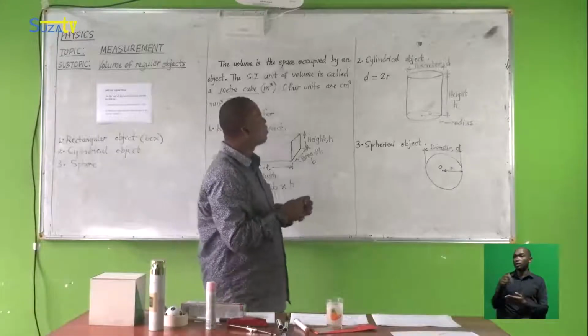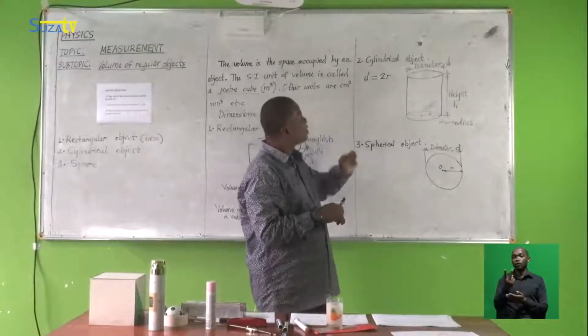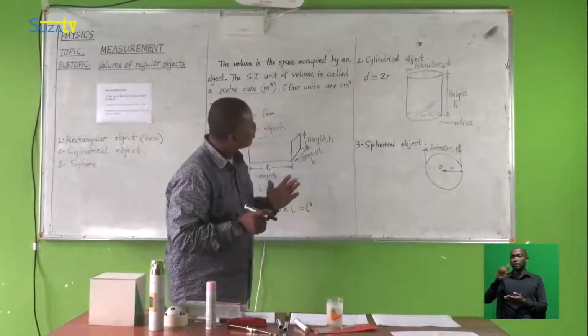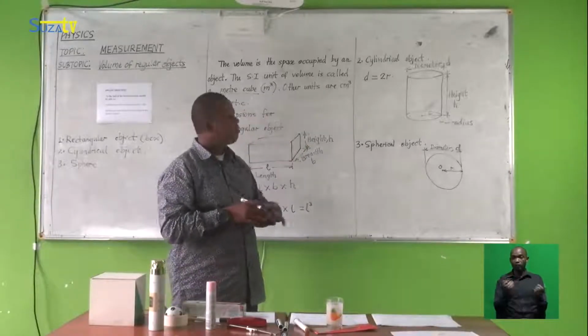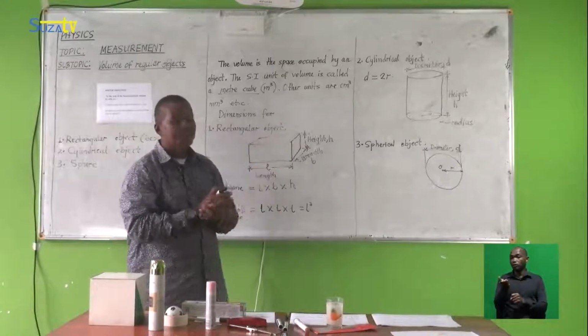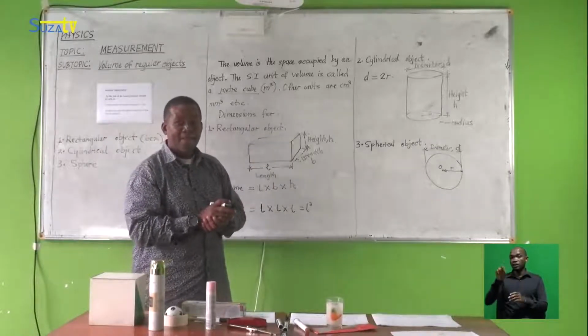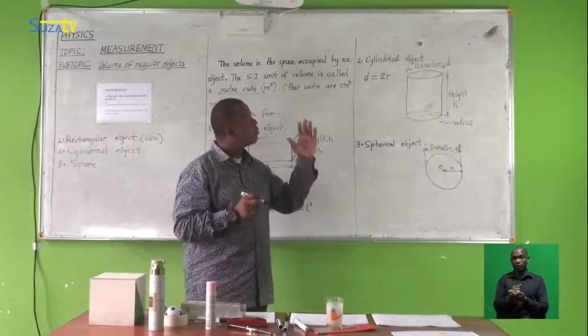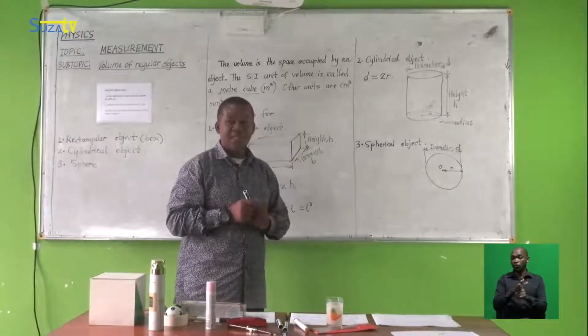Now let us come to number 2, cylindrical object. For the cylindrical object, we have the amount of space occupied by that cylindrical object. Who can remember and tell us what is the volume of the cylindrical object?